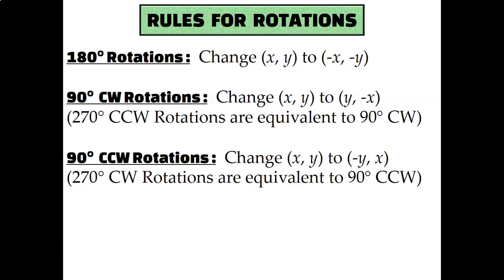And keep in mind that a 270 degree counterclockwise rotation is equivalent to a 90 degree clockwise rotation. And if you're rotating 90 degrees counterclockwise, then you change (x, y) into (negative y, positive x). And keep in mind again that 270 degrees clockwise is the same thing as 90 degrees counterclockwise. So as long as you memorize each of these three rules, rotation should be pretty easy.